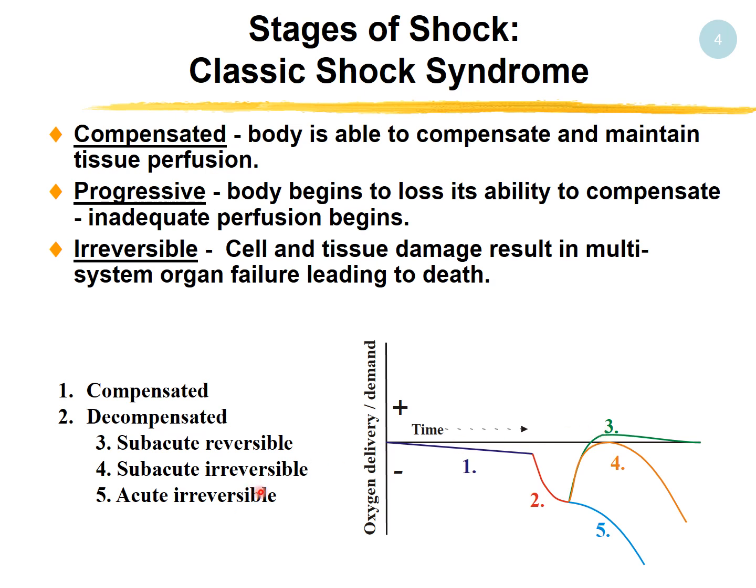Another one is the irreversible one, where the patient responds to treatment, but after a while you can do whatever you like, and it is irreversible. And for sure, the acute irreversible, as a continuation of this decompensation, leads to death very soon.